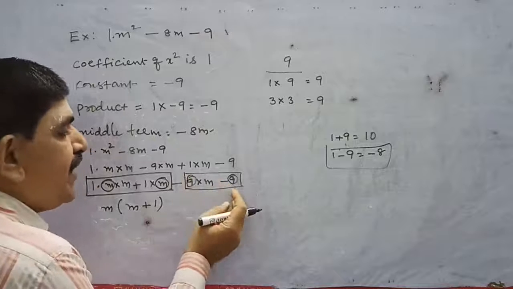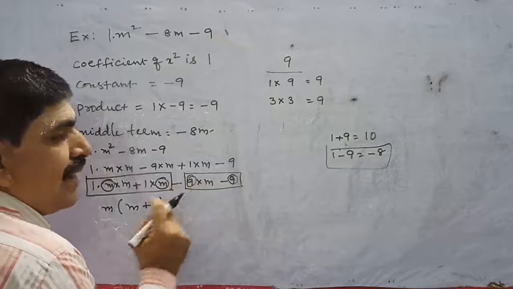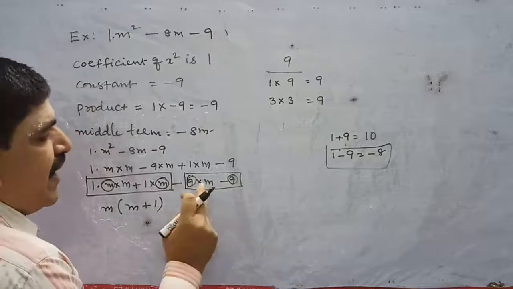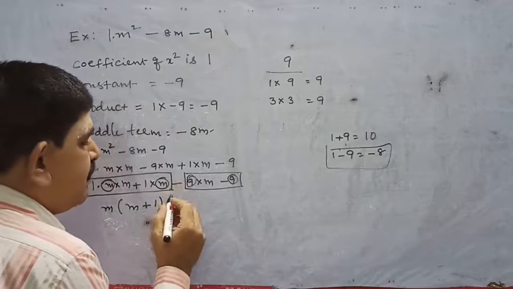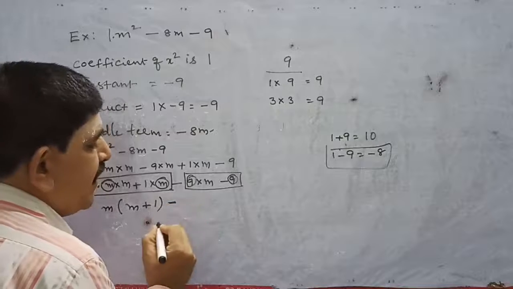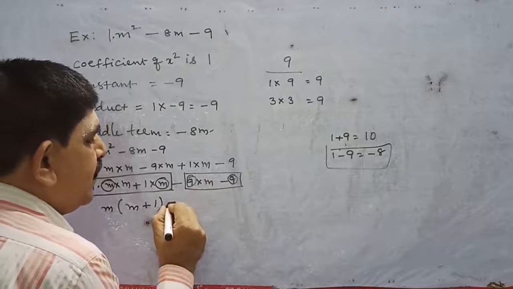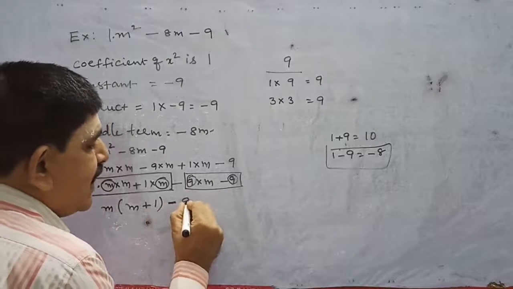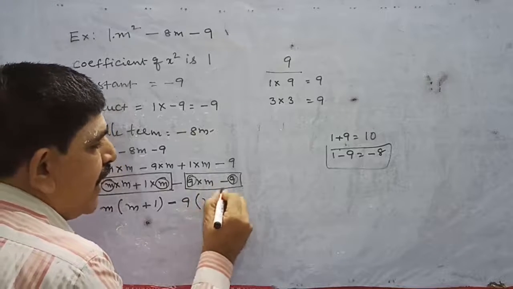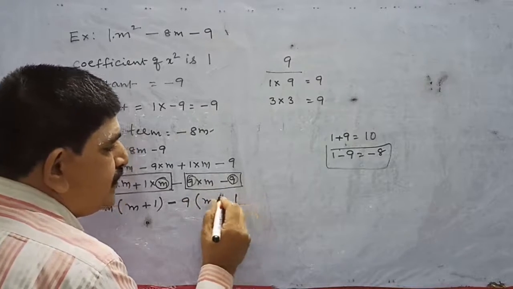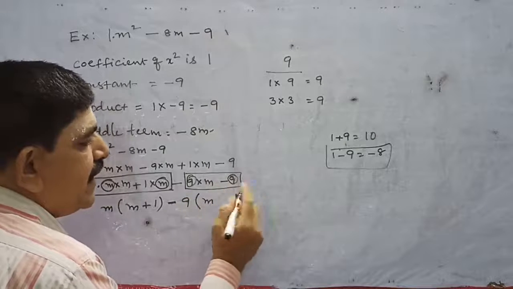But we have to take the symbol as the common factor, either plus or minus. Here we have to take minus as the common factor. Why? Because I will tell you later. Now minus 9 is the common factor. Then write the remainder. Here m and here 1. 9 came out. 1 is the remainder.